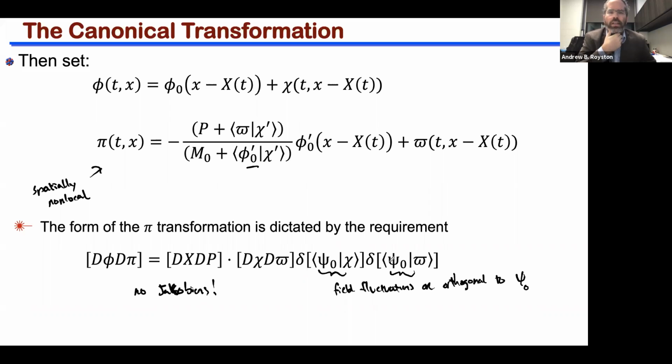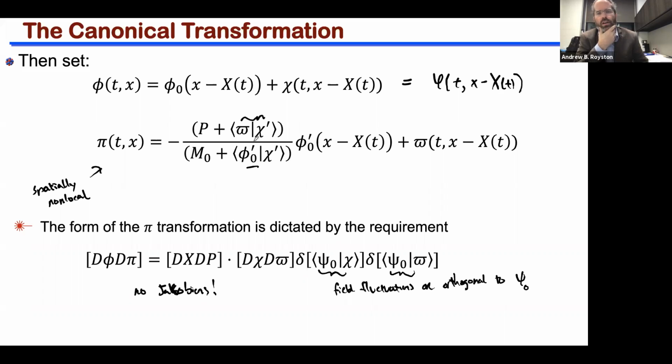Now, technically, it's a little bit more convenient instead of working with this chi field to just sort of absorb the background. And so the field I'm actually going to work with is curly phi, defined like this. And we'll still use pi. And now we're just going to rewrite things here.